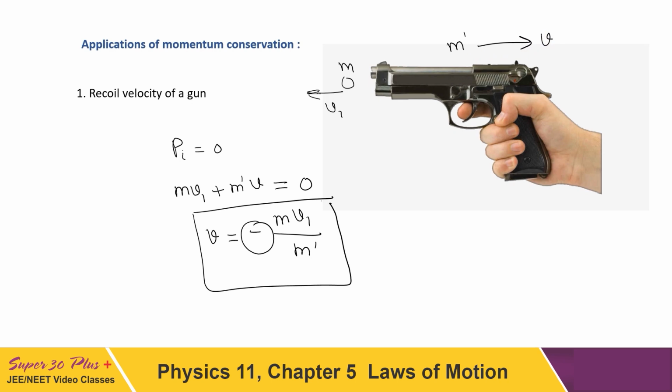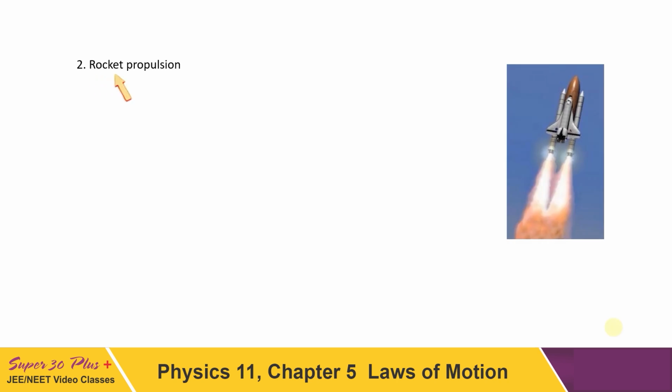One more system I have taken is rocket propulsion. Actually it is a very useful concept for rocket propulsion, because with the help of momentum conservation only, the rocket gets the impulse to be launched. So when the rocket is stationary, not yet fired, not yet launched, the initial momentum has to be 0, right?